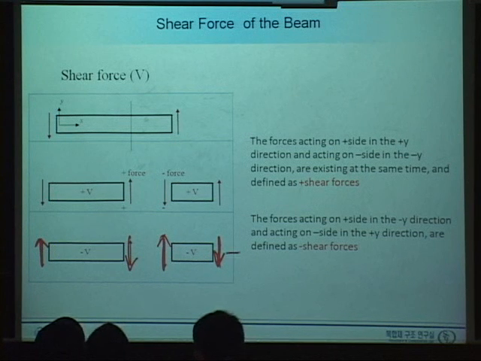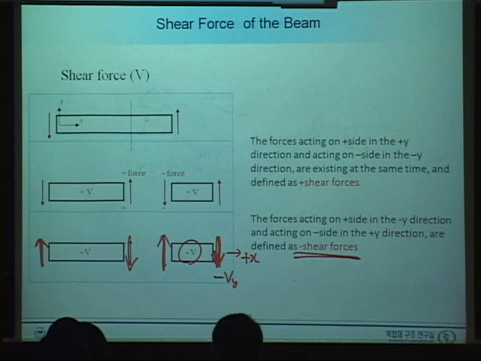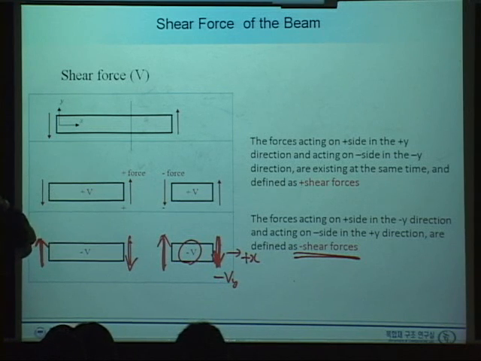Okay, this is the plus x surface subject to a minus Vy, and this is called minus shear force. You have to stick to this sign convention, otherwise you easily get confused.